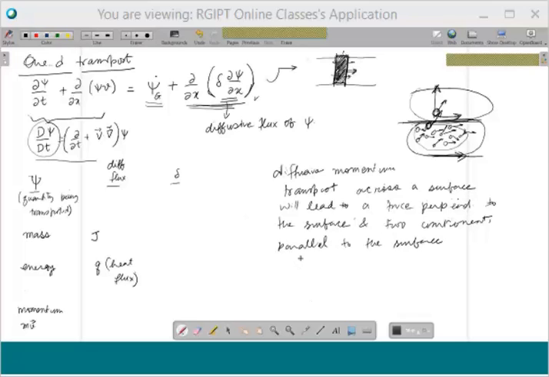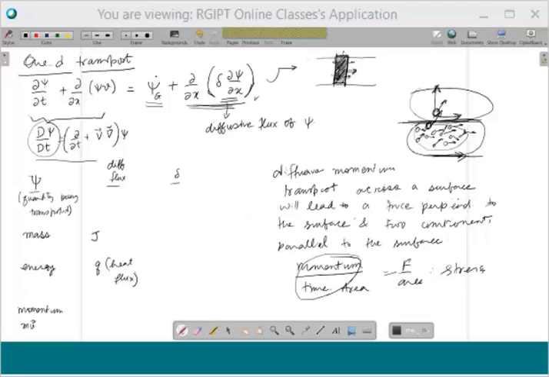And what are those? Basically, that's momentum crossed per unit time and per unit area. That's momentum flux, which is nothing but force per unit area, which is nothing but stress. So for any surface, you're going to get three stress components.